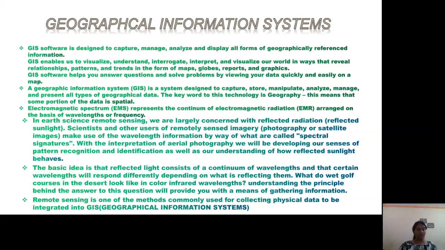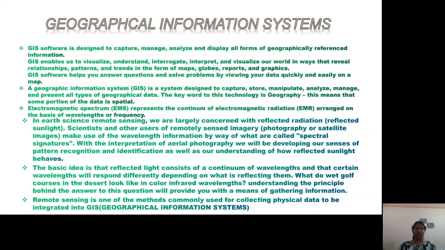There are wide applications, like behavior of reflection of sunlight, galaxies, stars. GIS is used in civil engineering, in agricultural processes, in the automobile industry, speculating UFO sites, wildlife tracking, also in the aviation industry.